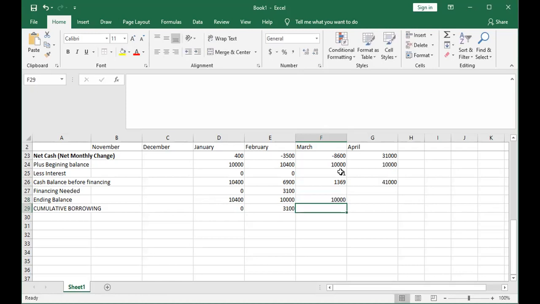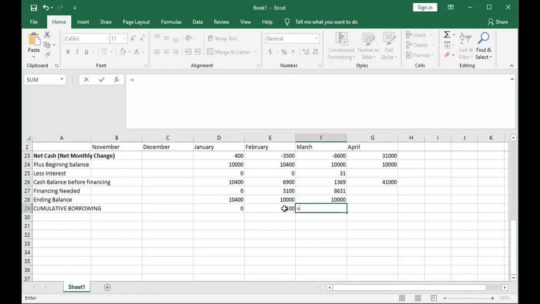You need to add another borrowing. So how much is the borrowing? It is 10,000 minus 1,369. So the borrowing needed in March is 8,631.